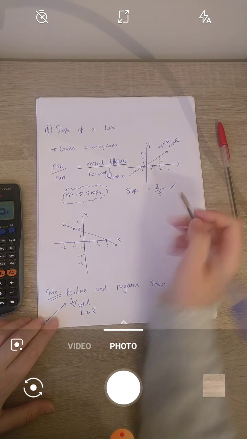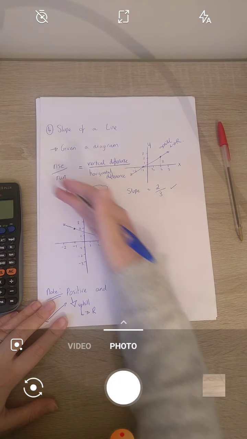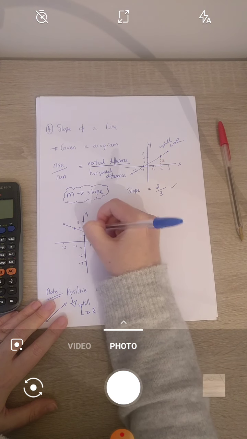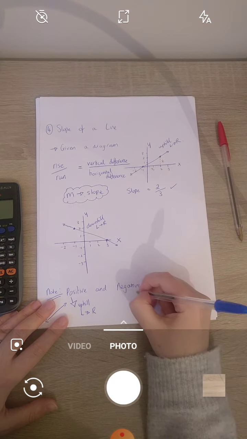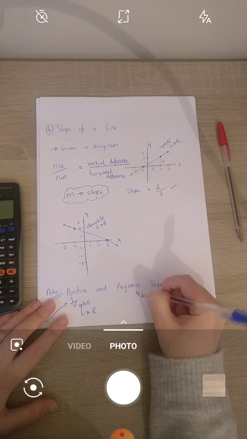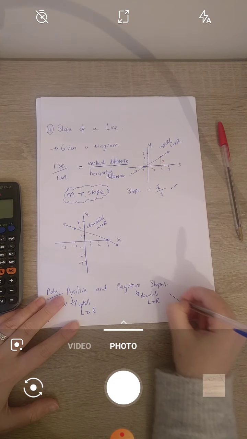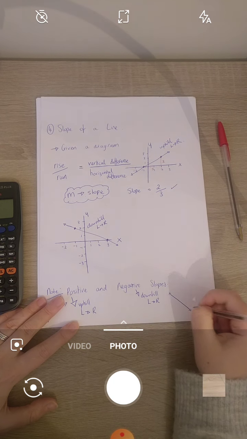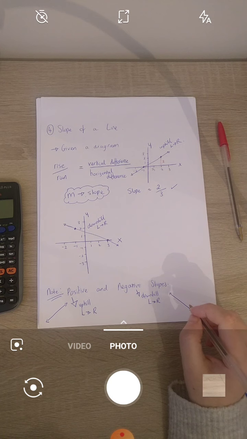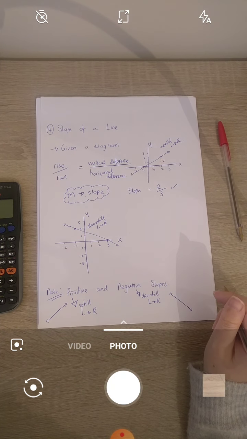Okay? In my second example, if I move from left to right, my line is going downhill from left to right. So a negative slope is always going to move downhill from left to right. So it's up to you to remember at the end of doing the rise over the run, you need to make sure that a negative slope has a negative sign.